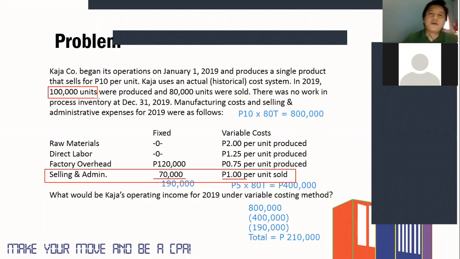So therefore, what's the first step? The first step is we have to compute the predetermined rate of the fixed factory overhead. So we have 120,000 peso divided by 100,000 units. Therefore, the predetermined rate, or the fixed factory overhead per unit, is equal to 1.2 peso.